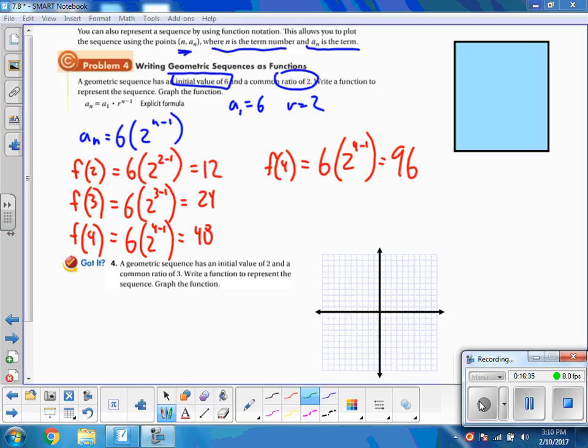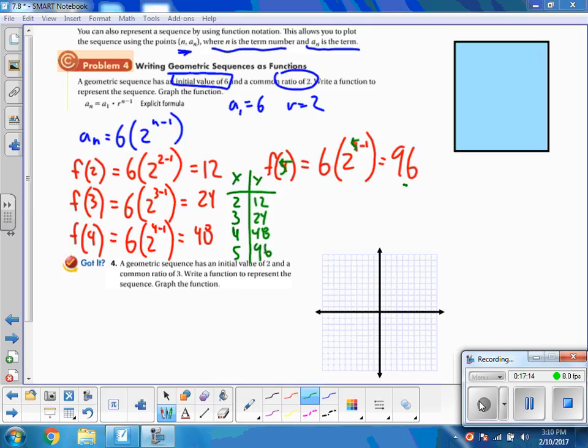So the points I can plot on my t-chart, x and y, are going to be 2, 12; 3, 24; 4, 48; and whoa, I'm missing a number. Something doesn't match up. Oh, this is supposed to be a 5. So that's 4, and that's for my 5th one, so my function is 5, and it's 5 minus 1 for my 96.